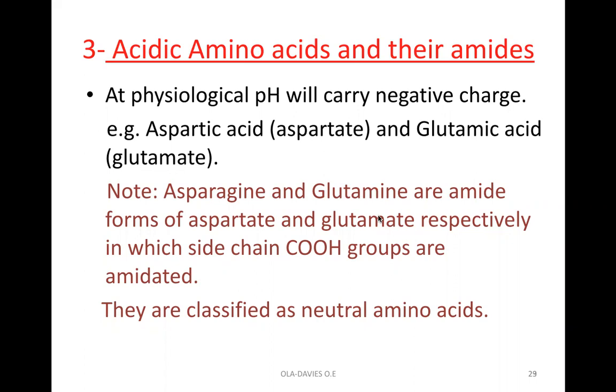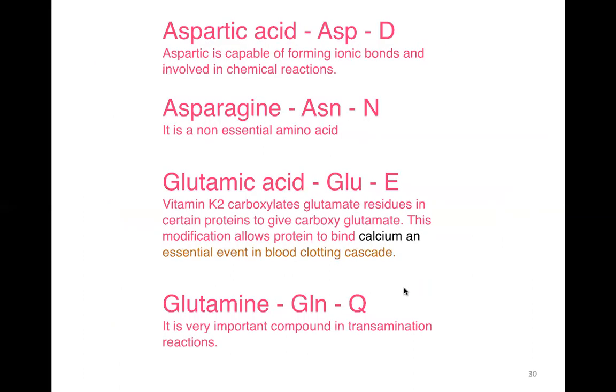We know aspartic is the 4 carbon amino acid, whereas glutamic is the 5 carbon. And the amide groups of those amino acid are asparagine and glutamine, respectively. And these are classified as neutral amino acid. We have this there.